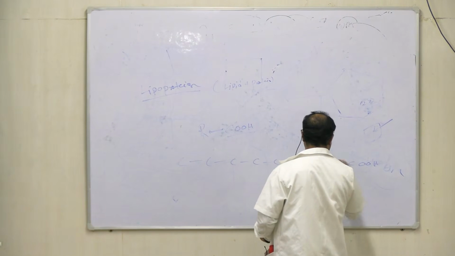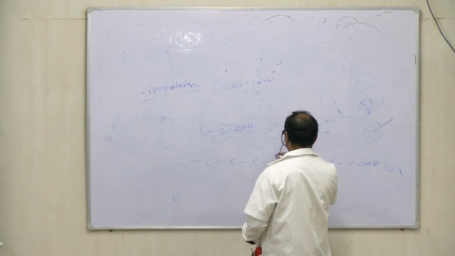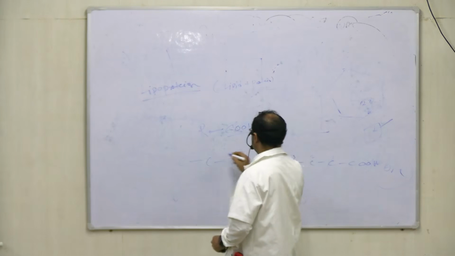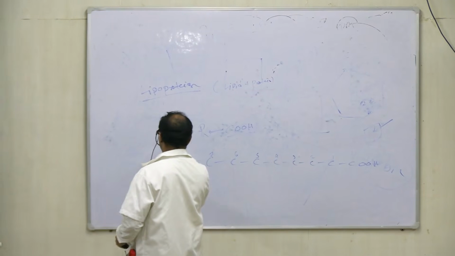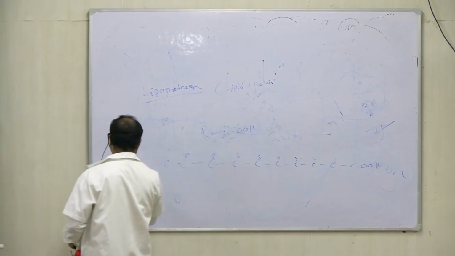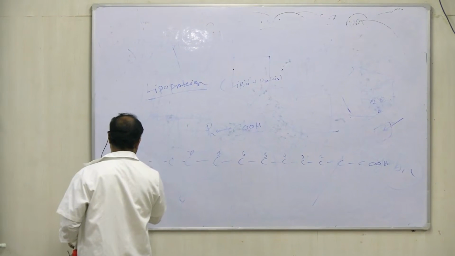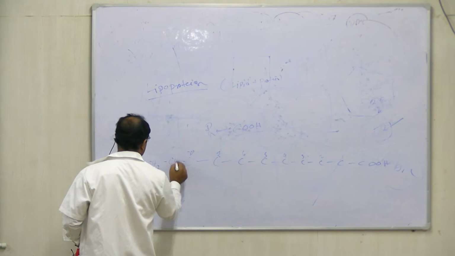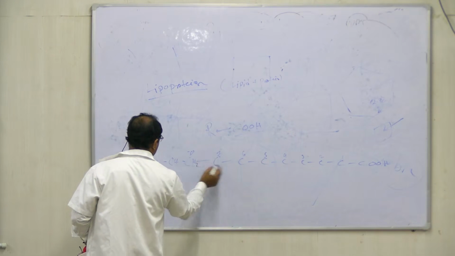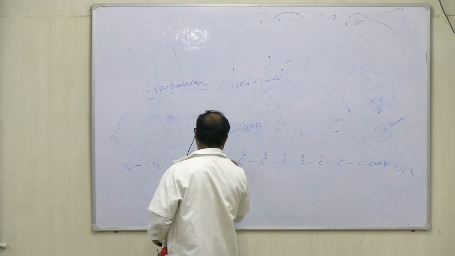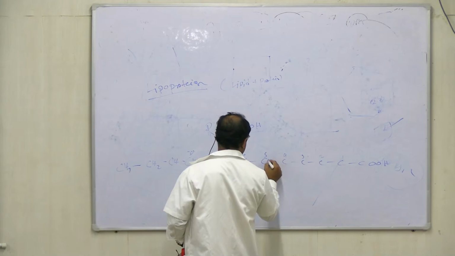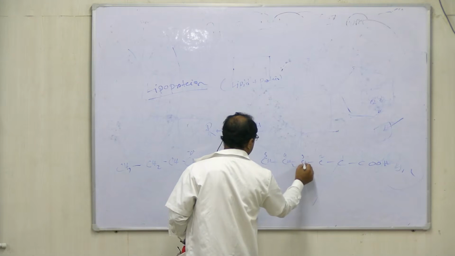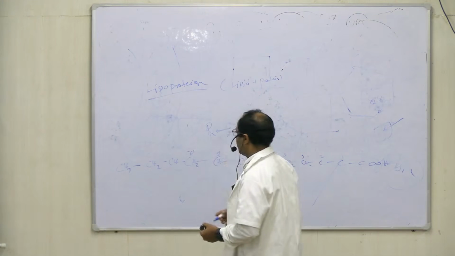So numbering like this: 1, 2, 3, 4, 5, 6, 7, 8, 9, 10, like this. CH3, CH2, CH2, CH, CH2, CH2, like this.